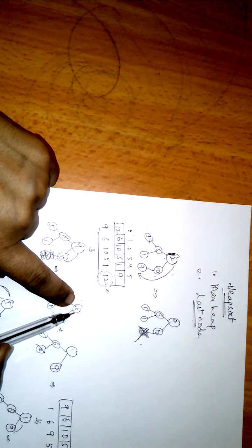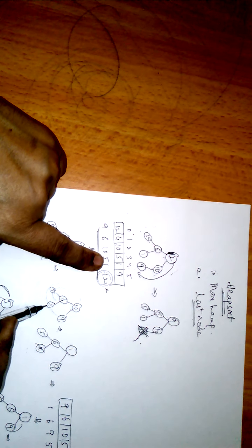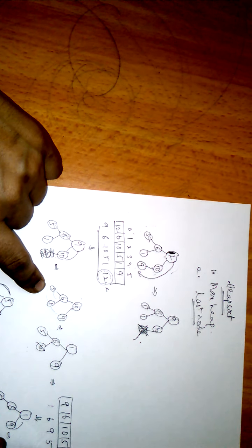This is the maximum element, so put it in the right position. What is its right position? The last node. 12 is in the n minus 1 position, so this should be in the n minus 2 position, the fourth position. So we have to put 10 here.